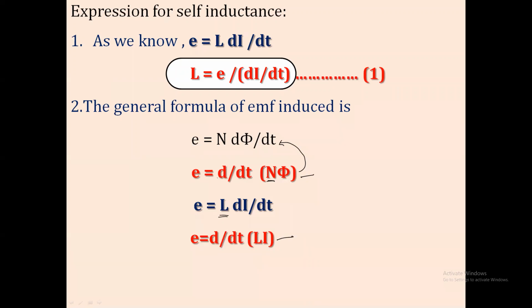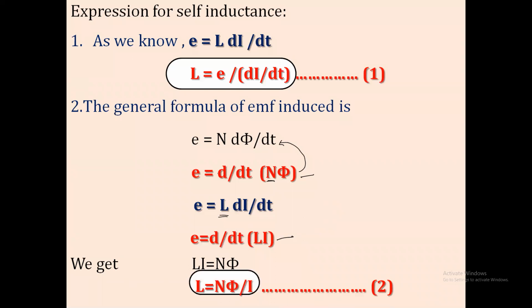Of course. So when I equate the right-hand side, we get Li is equal to N phi. So now my second form of self-inductance L is equal to N phi upon I. This is the second form of self-inductance.